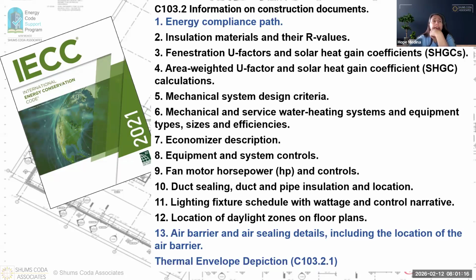Now, there's an awful lot that the energy code does, and one thing that it's very, very good at is control, right? We have controls for mechanical, controls that deal with the thermal envelope, but more importantly, controls when it comes to our lighting.